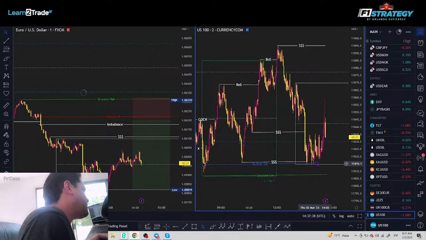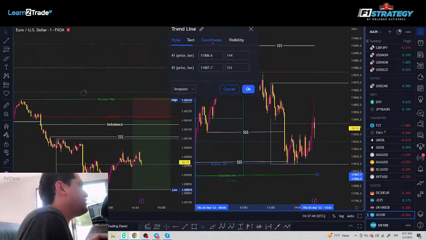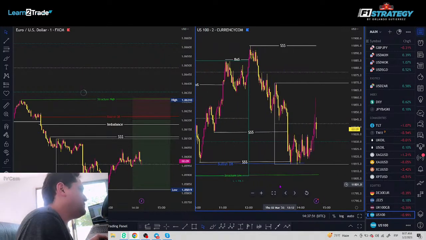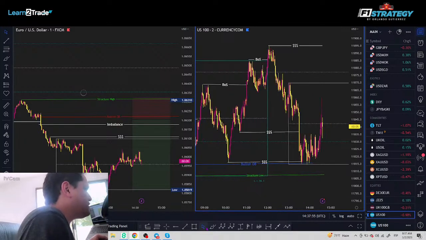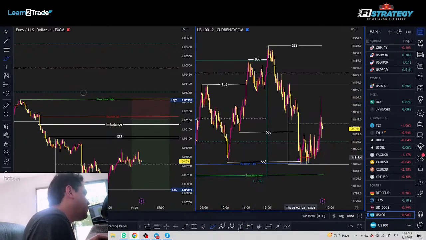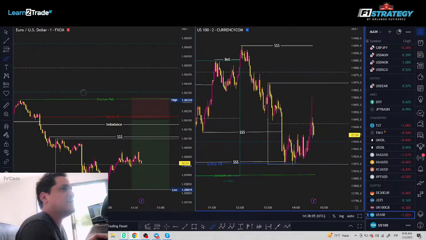Because if price breaks these lows, surely it will break the structure lows, which would mean that my trade would no longer be valid. These are the true structure lows at the moment, because price already took out all of these weak lows. So I am fine with my trade. Let's go.